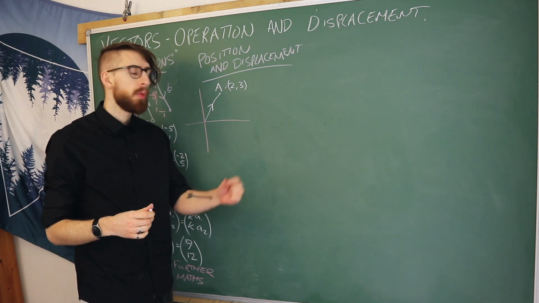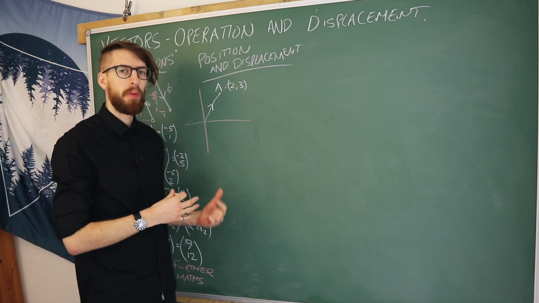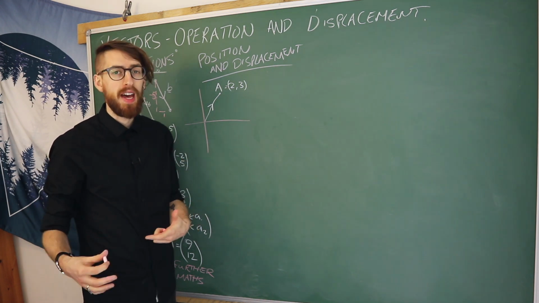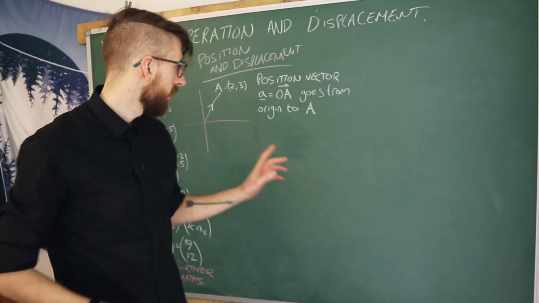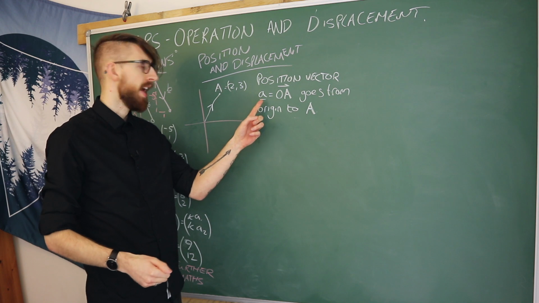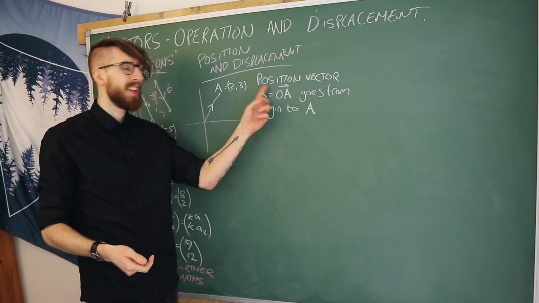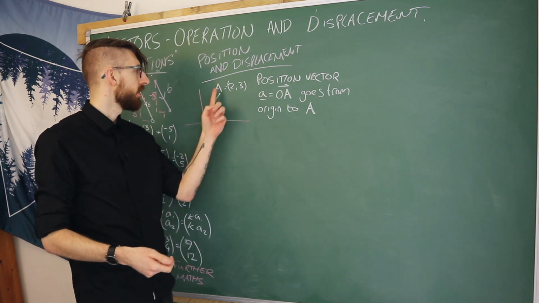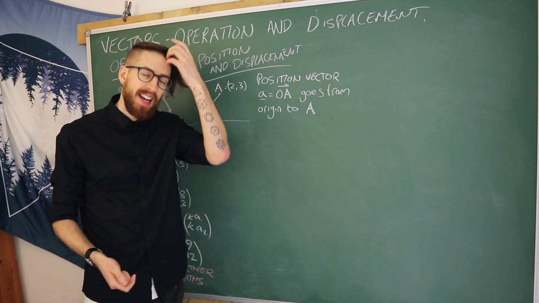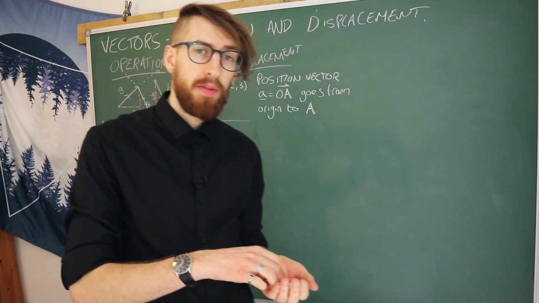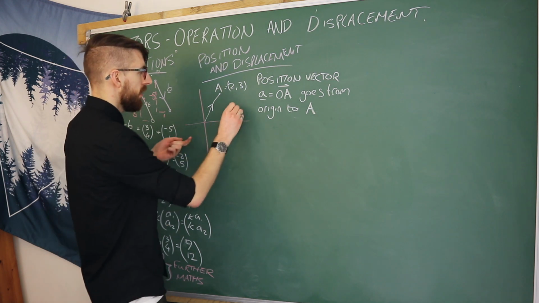And the way that we write it is with a little arrow along the top to say that we've gone on a journey from O, the origin, to A. Okay, position vector A, so we can still call it A as a vector, is OA with this little arrow on the top, goes from the origin to A. That's what it is. Now, if we add another position vector, let's say we've got one over here.